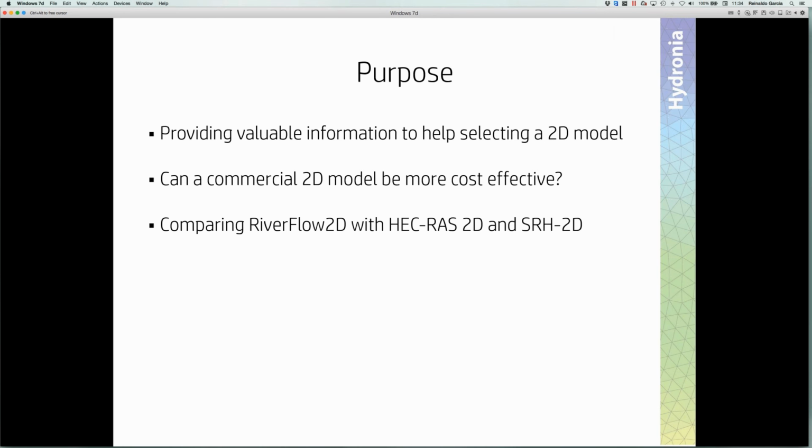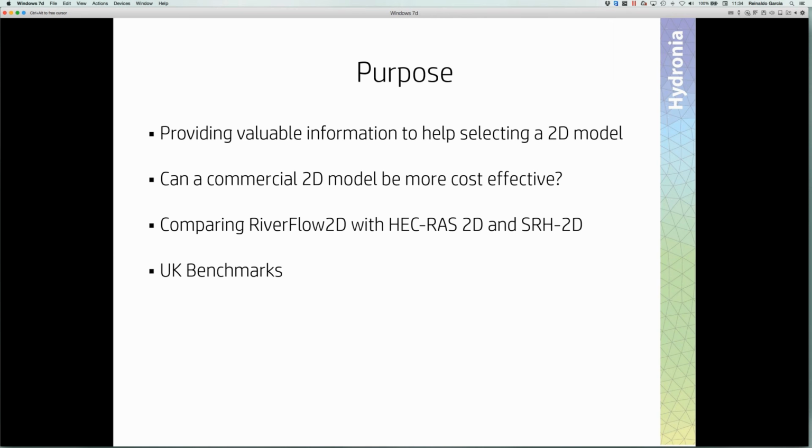And to that purpose, we have selected three models. Obviously, RiverFlow2D, which is the main model that is developed by Hydronia. And we have picked two leading models that are free, which is the HEC-RAS 2D, developed by the Corps of Engineers, and also SRH-2D, which is developed by the US Bureau of Reclamation in the United States.